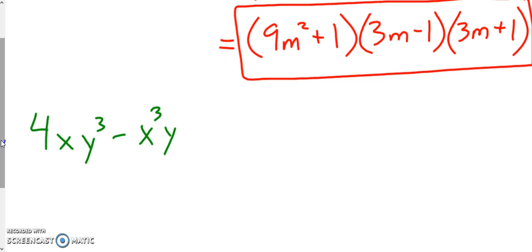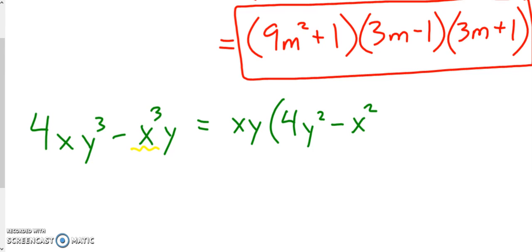So I can take out an x and I can take out a y. So if I factor out xy, the 4 is going to stay. The x is going to disappear because I've already factored it out. And then if I take a y out of y cubed, I'm going to be left with y squared. Minus. Now if I take an x out of x cubed, I'm going to end up with x squared.